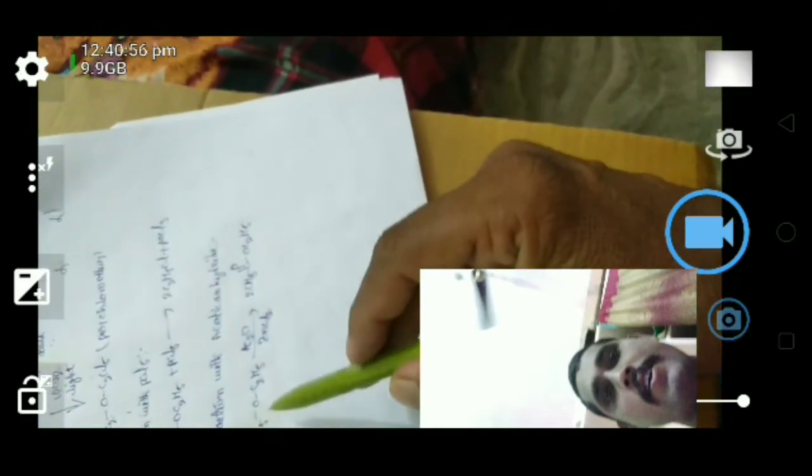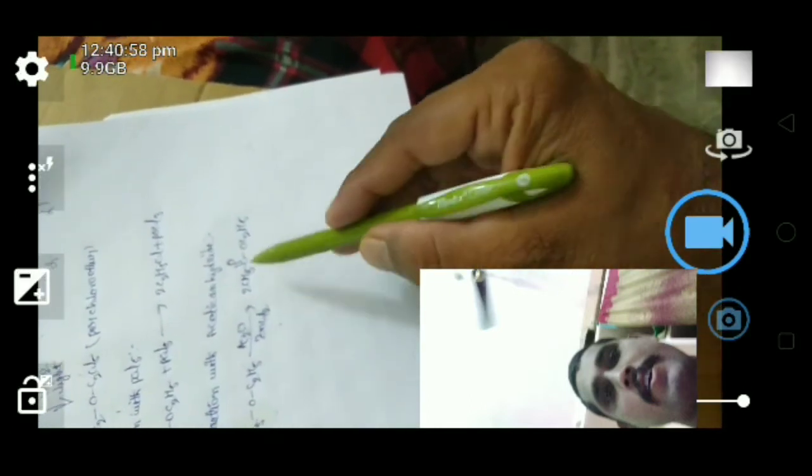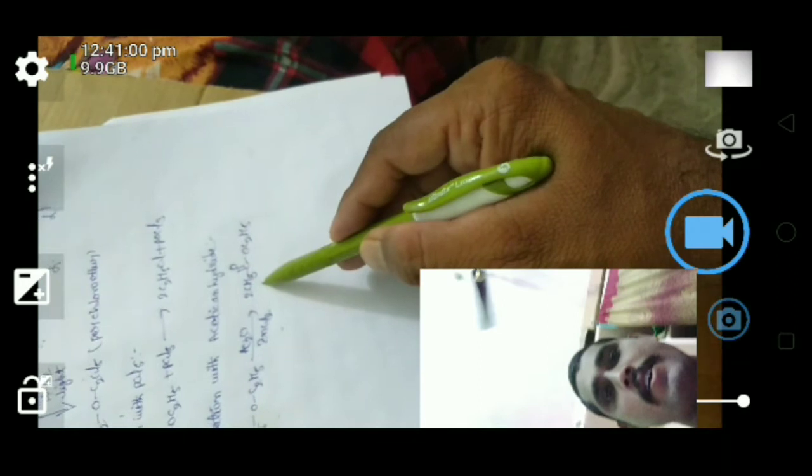Here diethyl ether, when you react with acetic anhydride in the presence of zinc chloride, gives ethyl acetate.